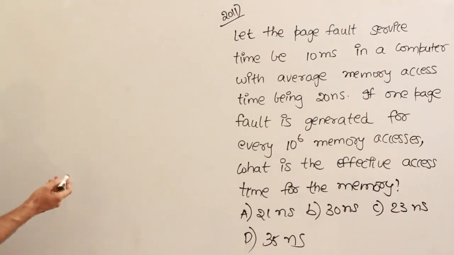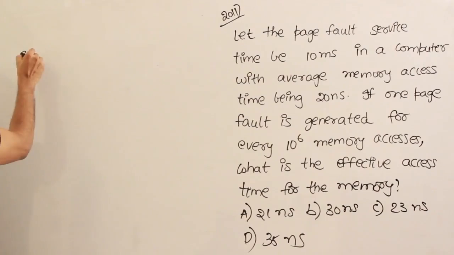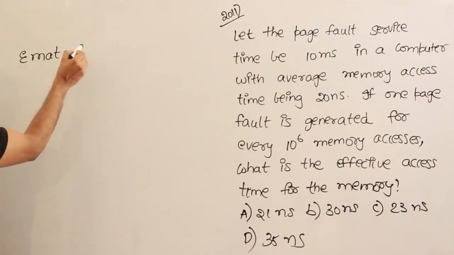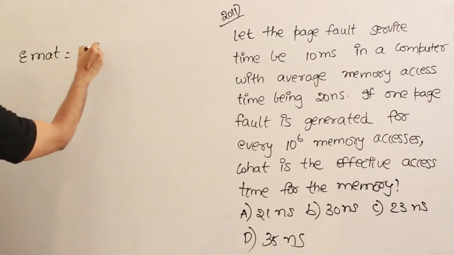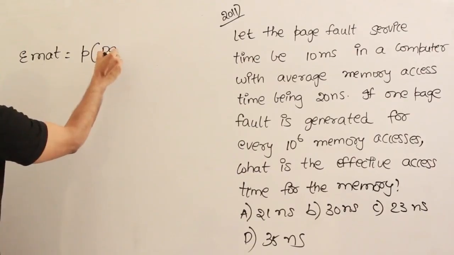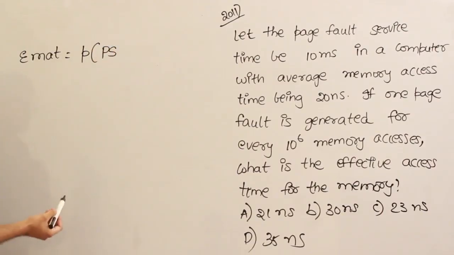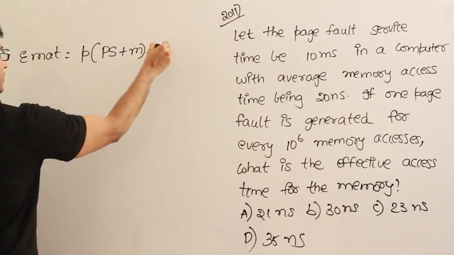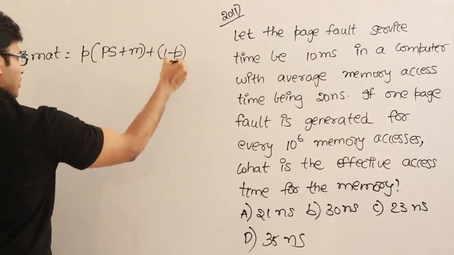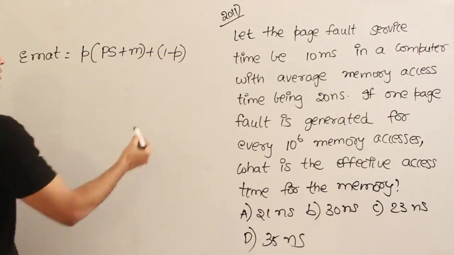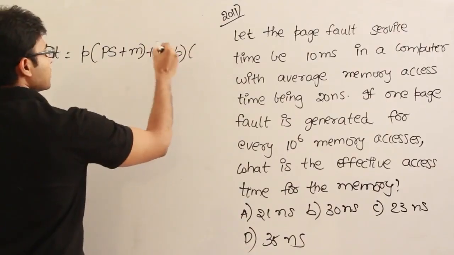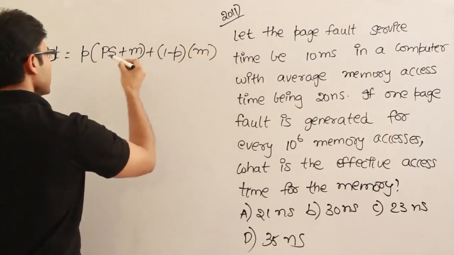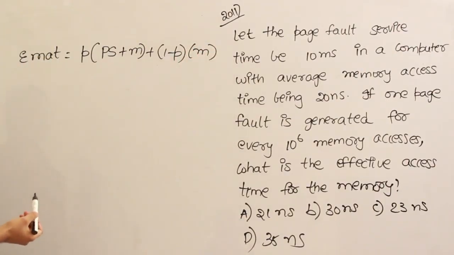So the formula is like this: effective memory access time is, whenever there is a page fault, we have to do the page service. The time taken for that is the service time, and then you can access the main memory. If there is no page fault, there is no need of doing any page service.